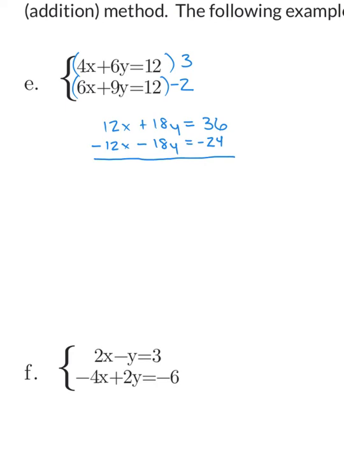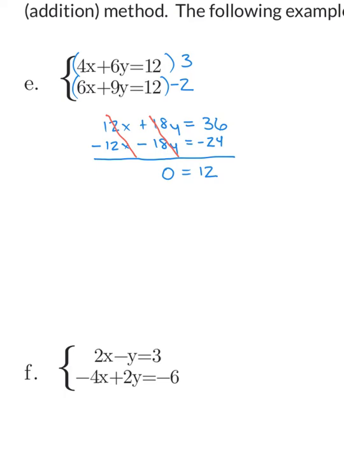If we add straight down, my x's cancel, my y's cancel, and if I have nothing left over on the left side of the equation, what does it mean that it's equal to? Well, we should get 0. On the right side of the equation, we get 36 minus 24 is 12.